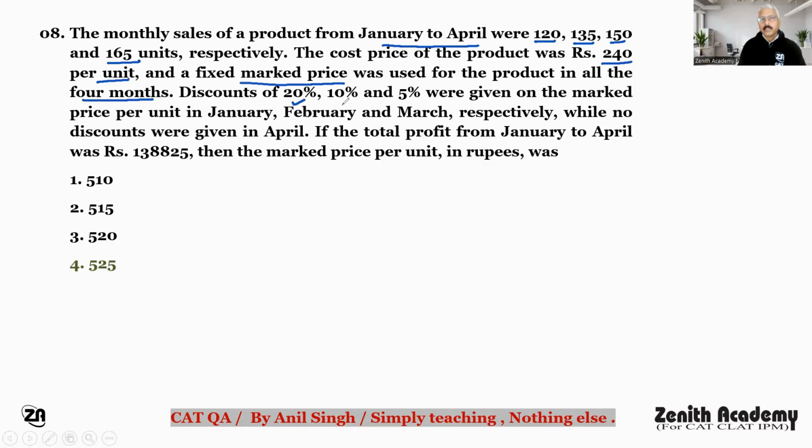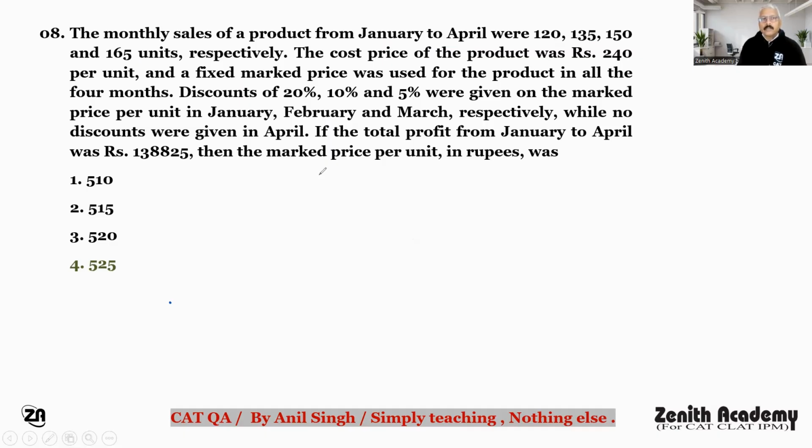Discounts of 20%, 10%, 5% were given on the mark price per unit in January, February and March respectively, while no discounts were given in April. If the total profit from January to April was rupees 138825, then the mark price per unit in rupees was. Okay.